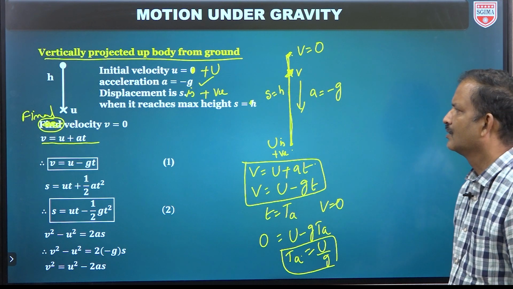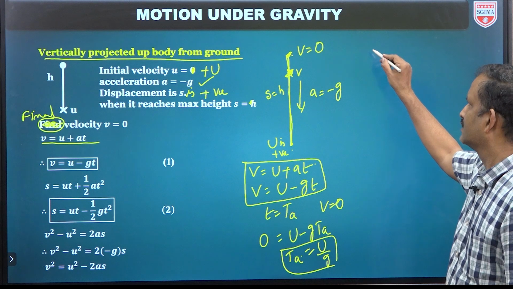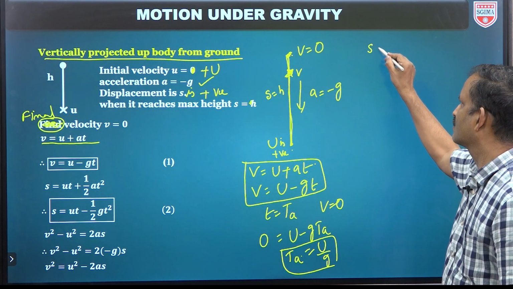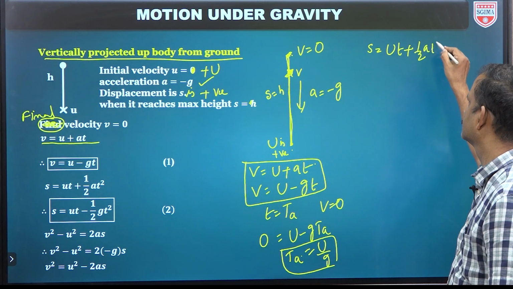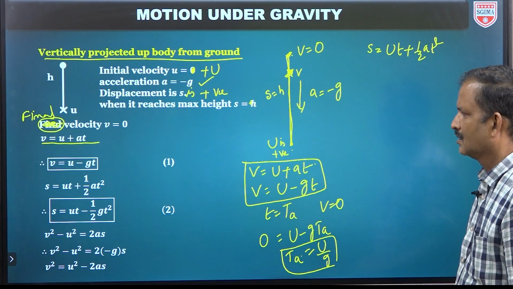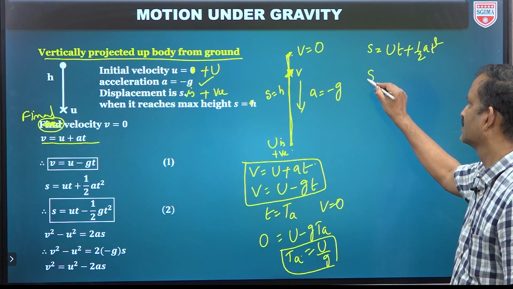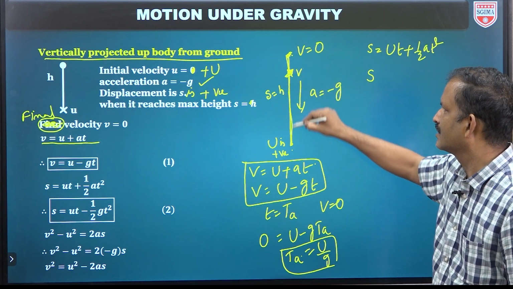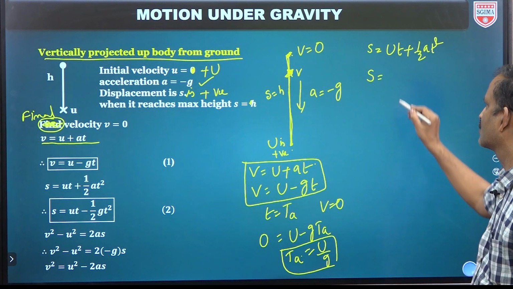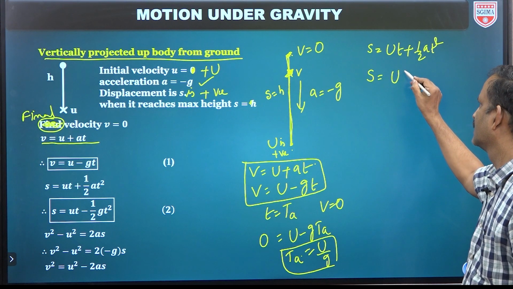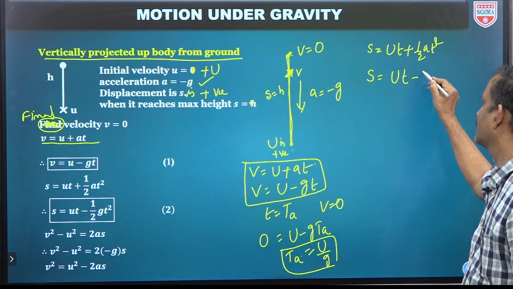Now, second equation: S is equal to ut plus half at square formula. Suppose the body reaches this point after t seconds, S is equal to u positive, t, a negative.